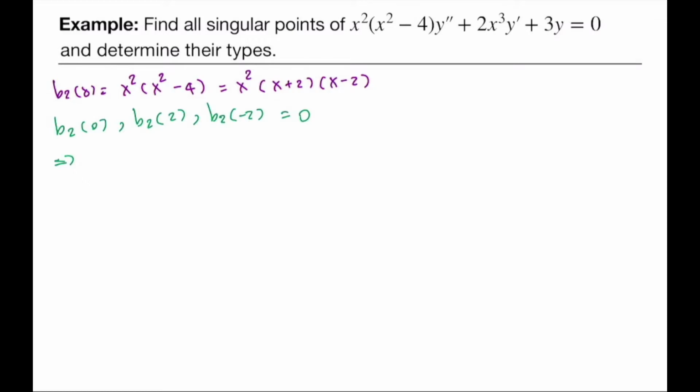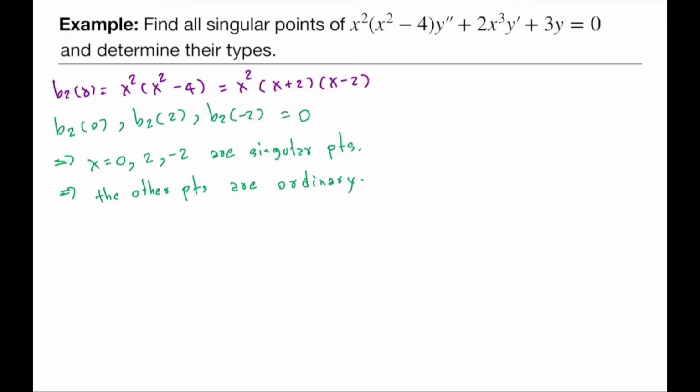And that means x equals 0, 2 and minus 2 are singular points. Okay, and the other points are ordinary.